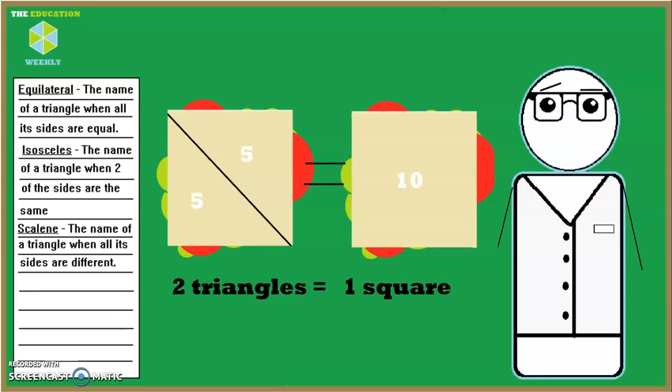That means if the square has an area of 10, that means it covers 10 units, then both of the triangles have to have an area of 5, meaning they both cover 5 units. And when you add the 2 triangles together, you get 10.